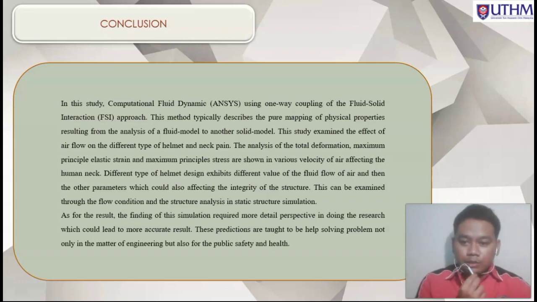This can be examined through the flow condition and the structure analysis in the static structure simulation. As the result, the finding of this simulation required a more detailed perspective in doing the research, which could lead to more accurate results. These predictions are thought to help solve problems not only in the matter of engineering but also for public safety and health.